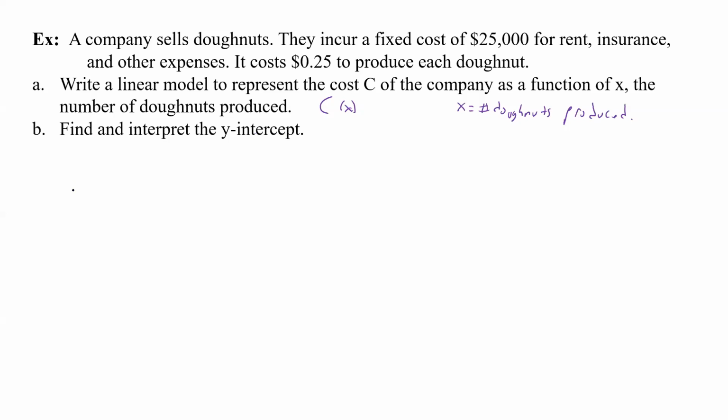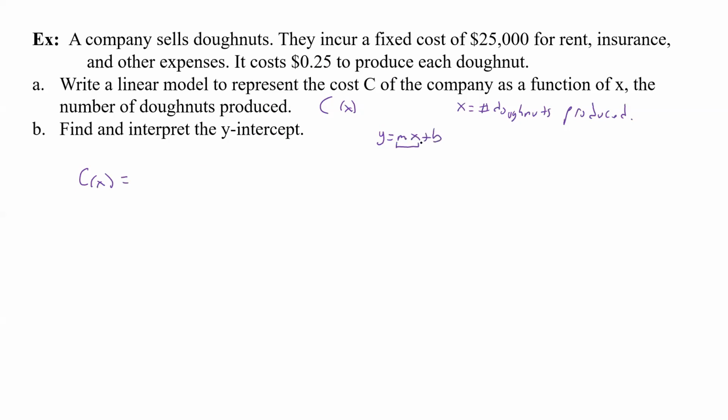Well, first let's write our cost function. So we want to write something function C of x. Well, what do we know? Well, we know we have a fixed cost of 25,000, and we add to that 25 cents to produce each donut. So if we write it in equation form, remember it's y equals mx plus b.